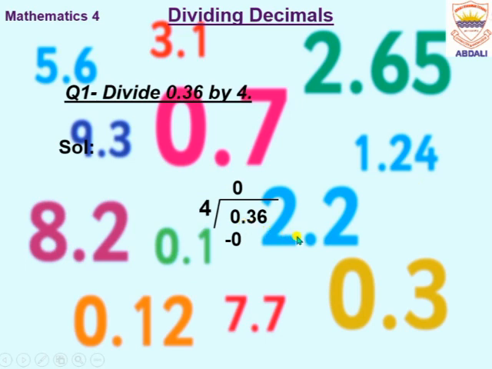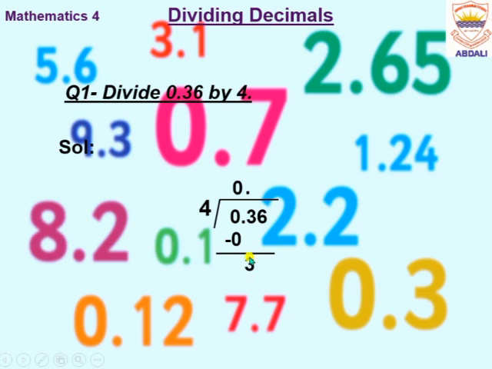So whenever you are going to solve the digit after decimal, you have to put your decimal here first, then you can solve it. Listen to this point very carefully. Okay, so now we will solve 3.